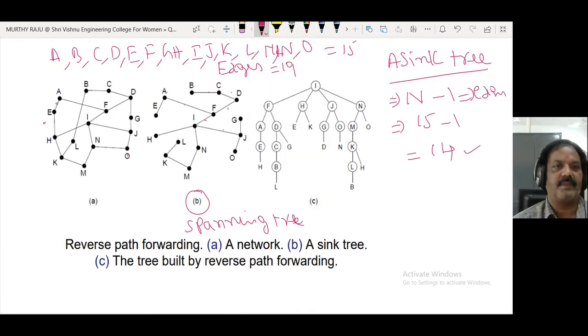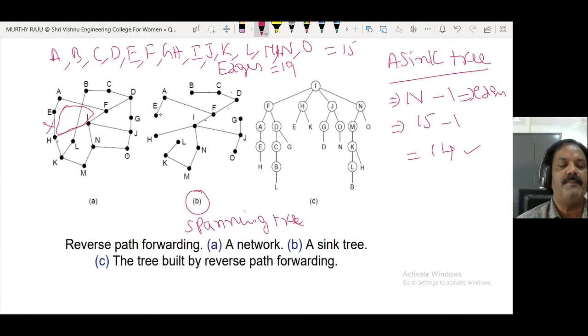This first graph consists of nodes A, F, I, H, and E. This one is the first one. A spanning tree is a subtree of the main graph that includes all the nodes. Remove this H. E and H are removed.